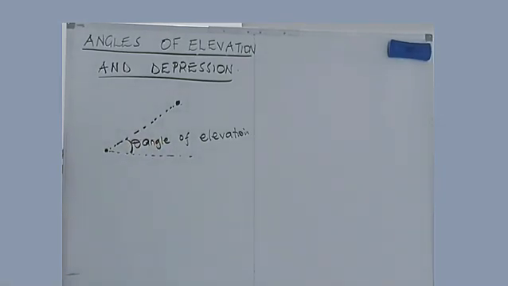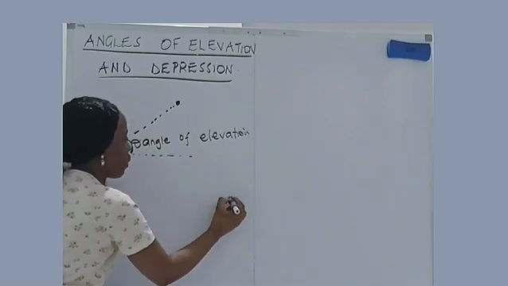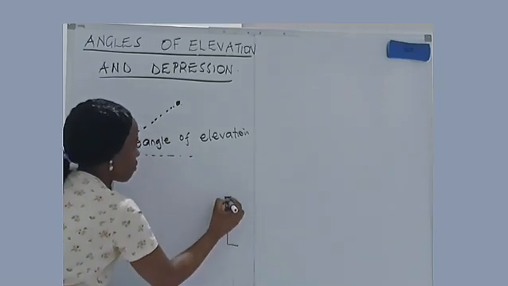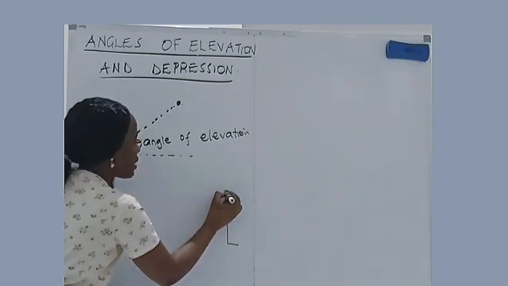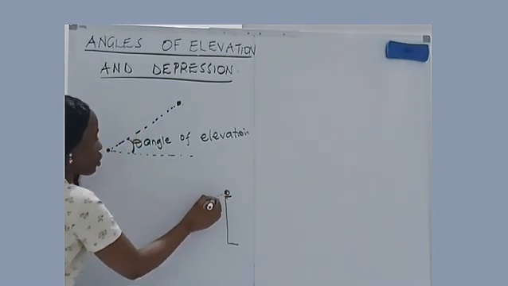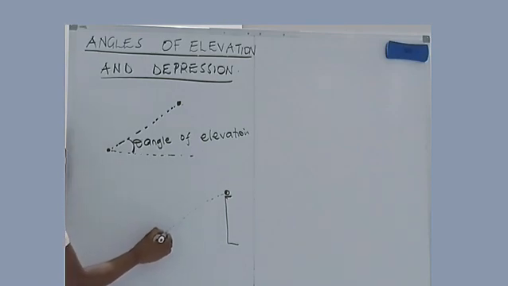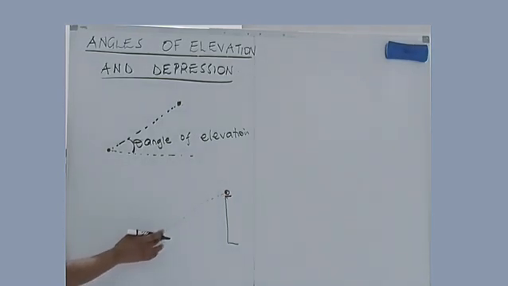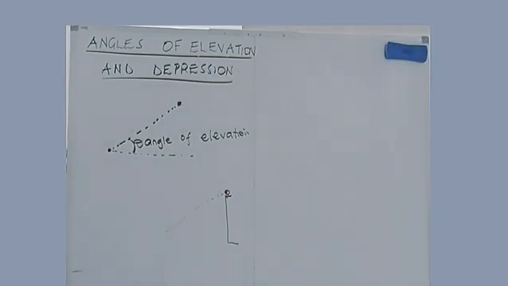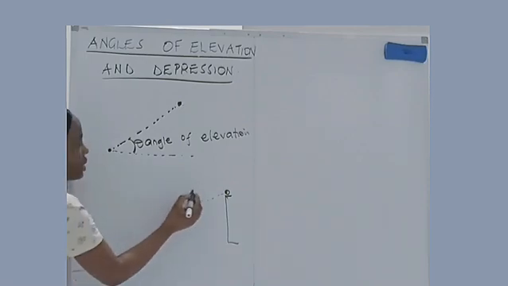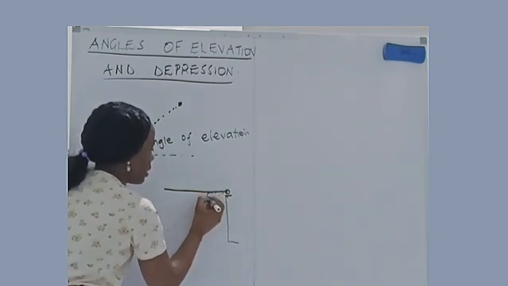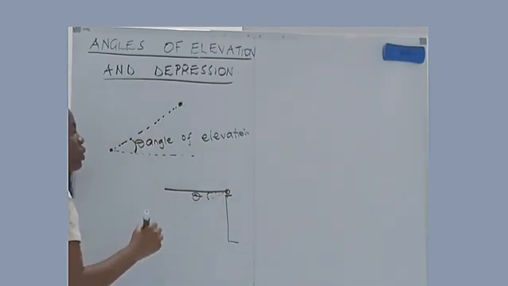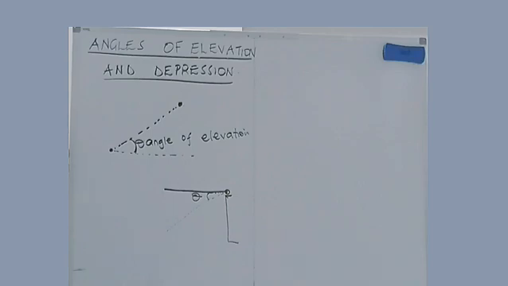And the angle of depression, for example, if we have this cliff here and an observer is here, the moment you look down, or you look at something that is at a lower point than you, this is the angle that is going to be formed. This angle here is what we call the angle of depression.